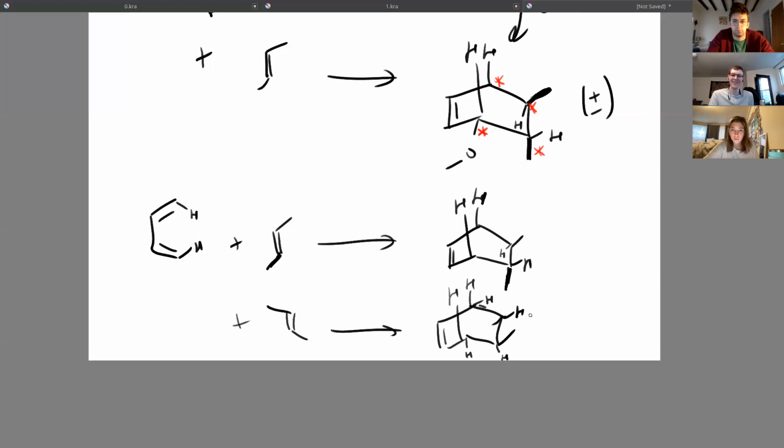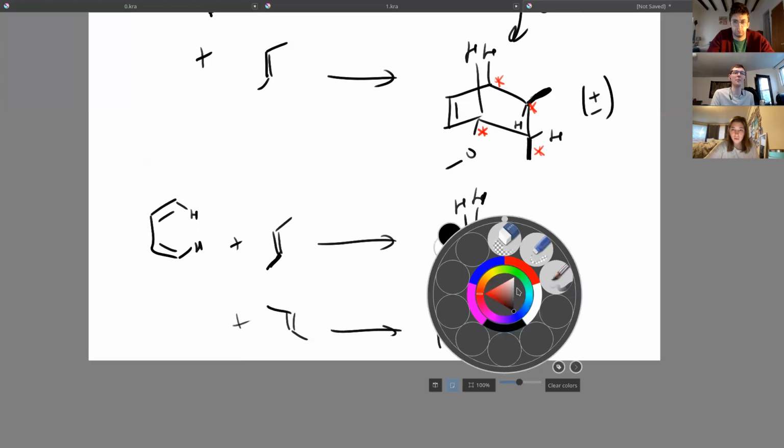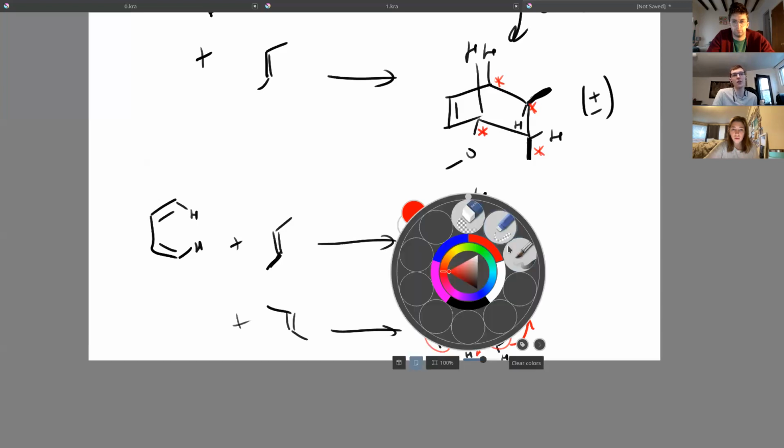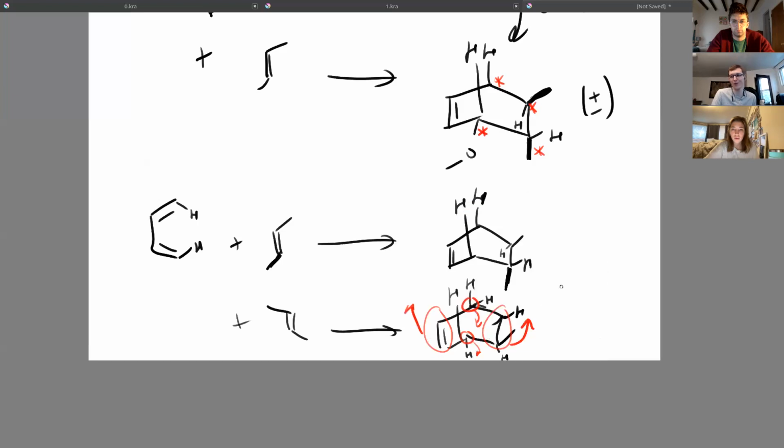And after all this work, this molecule here can bend, right? You could take this and bring it down. And let me use a different color because this is just getting way too complicated. You could take this and bend it down, and this and bend it down, and these two and bend them up, and these two and also bend them up. And I think, although I could very well be wrong, that these two will just be enantiomers of each other.